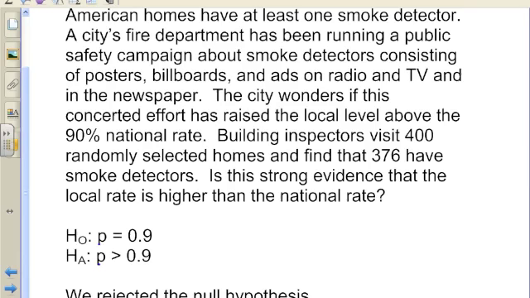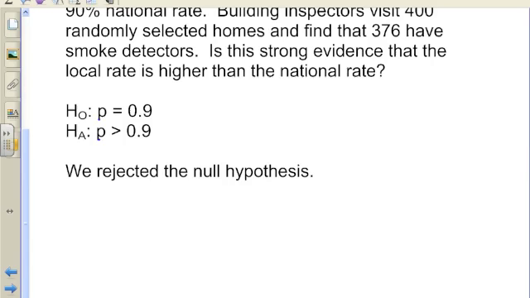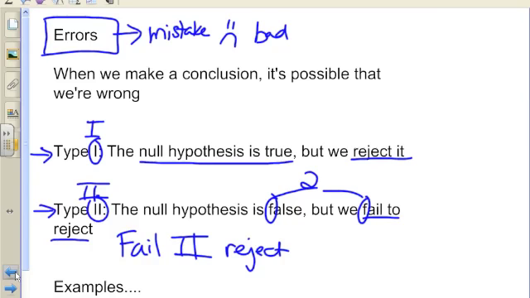And in this particular example, we ended up rejecting the null hypothesis. That's what happened, just to refresh your memory. So my question is, what kind of error might we have made? I'm not even sure we've made an error, but if we did, which error did we make? Well, in this case, we rejected.